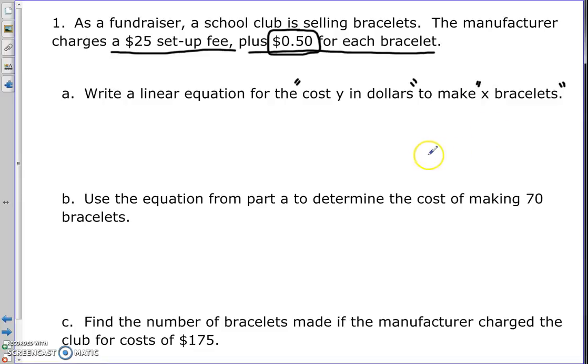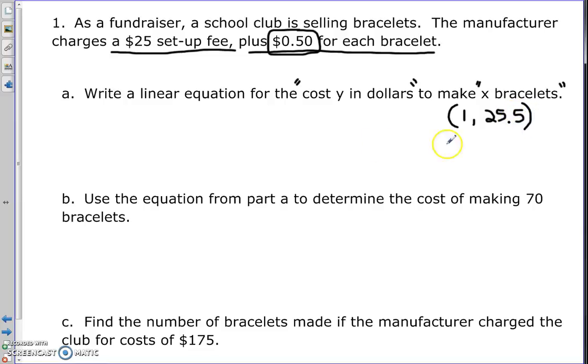So if you were to write out several points, like, okay, let's say we order one bracelet, then that would be a 1 for the x value. What would the cost in y dollars be? Well, it's $25 to set it up and then 50 cents for that one bracelet. So one point on this line could be (1, 25.50).